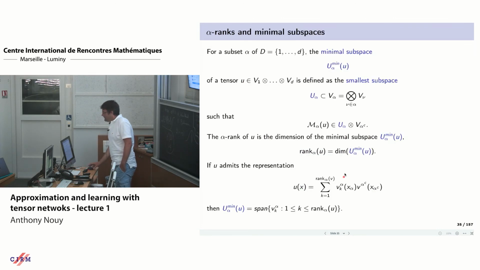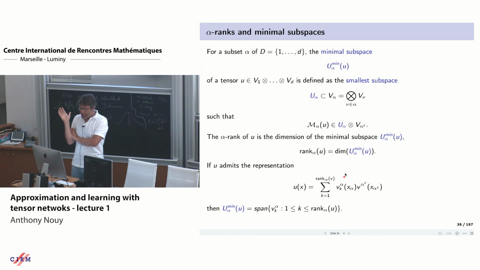I will try to go quickly on this, but there is a very nice notion of minimal subspaces associated with tensors that allows us to understand the formats I will present later. So let me make it brief.